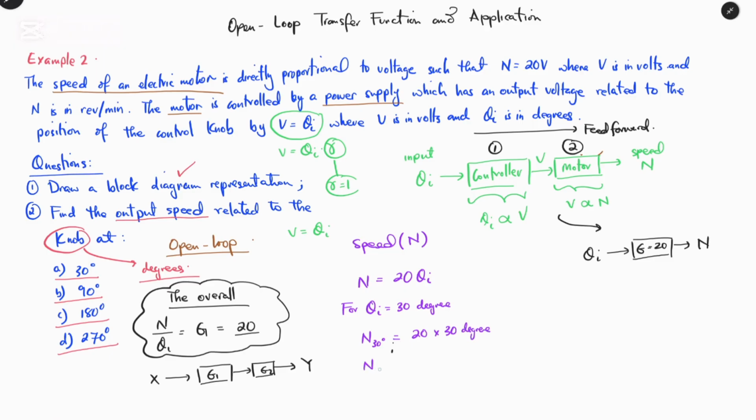So our speed at 30 degree is equivalent to 600 revolutions per minute.